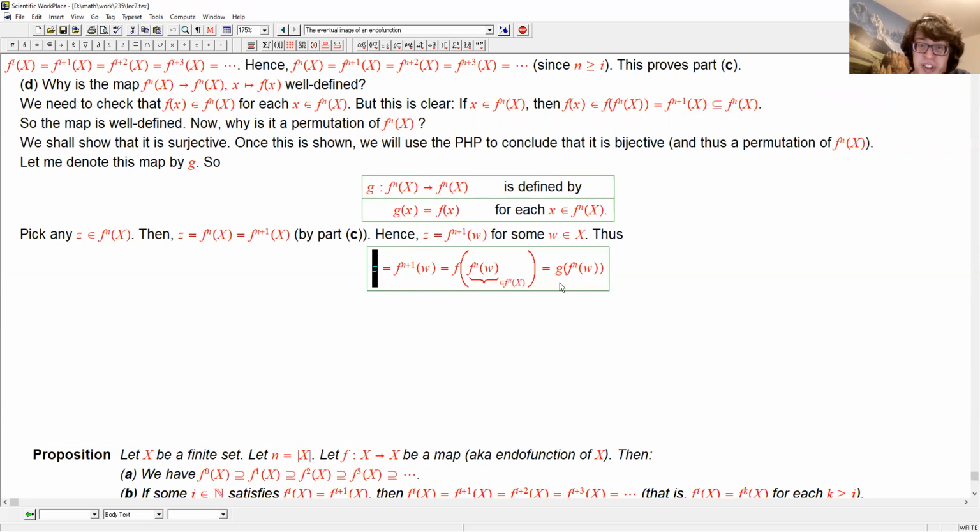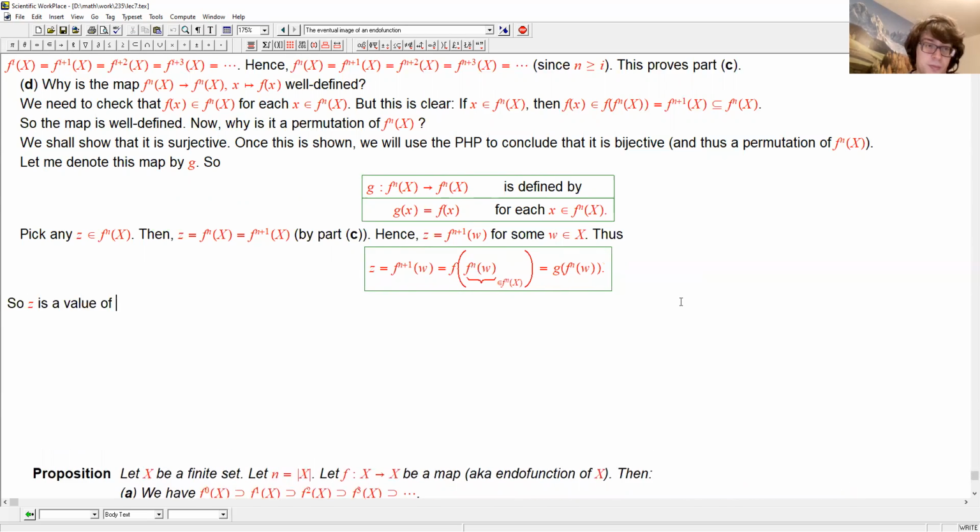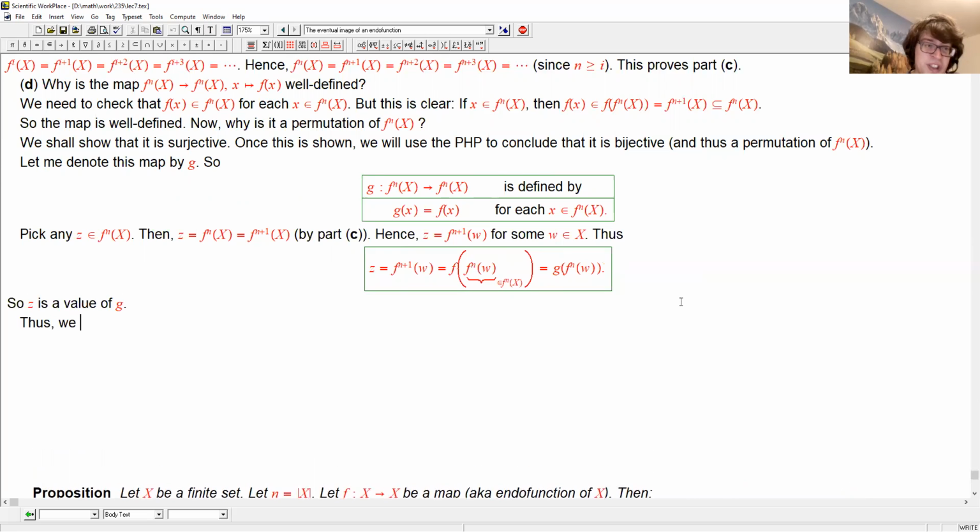And this shows that z is an image under g. So z is a value of g. Thus, we have shown that every element of f^n(X) is a value of g. So the map g takes every possible element of the target set as a value. In other words, g is surjective.